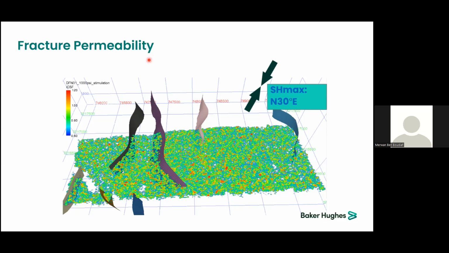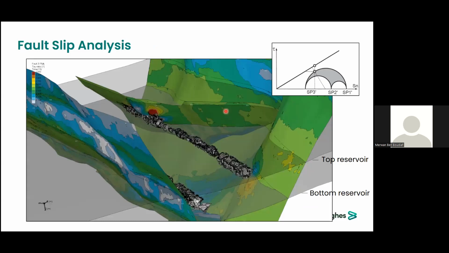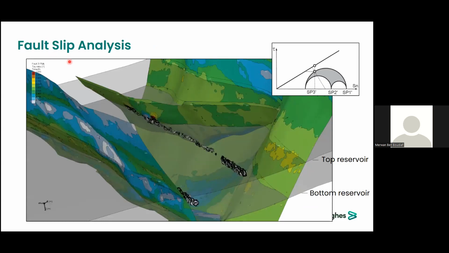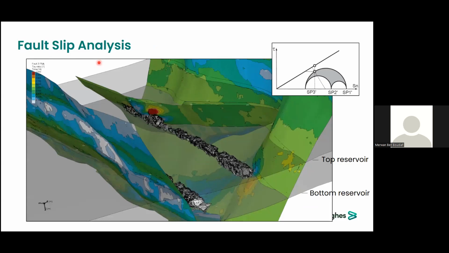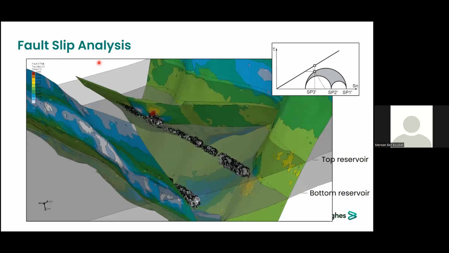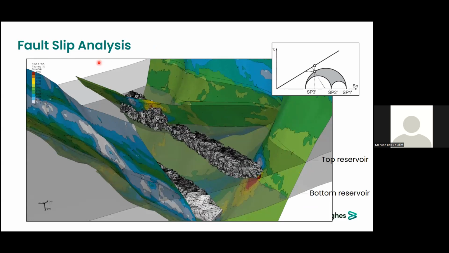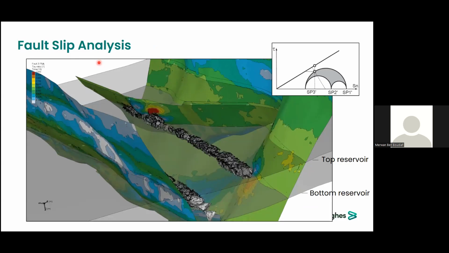Also, one application we're doing is the fault slip analysis here. You can identify, for example, at which level of depletion of a field, or inversely, at which level of injection, because in some fields we are doing intensive injection of water or of gas. This influences the pore pressure locally, and then influences directly the distribution of stresses in the field.